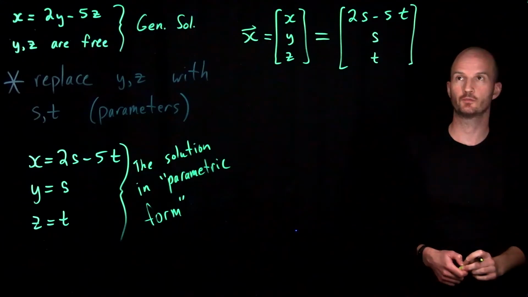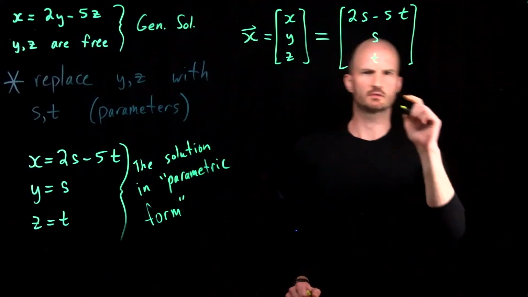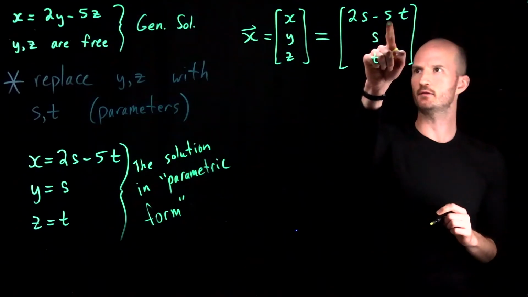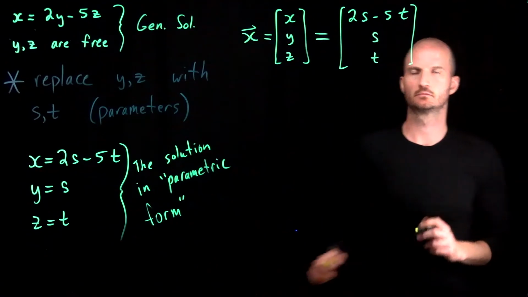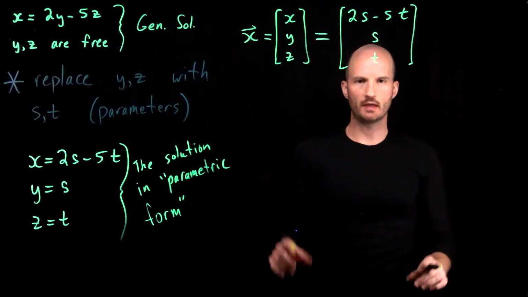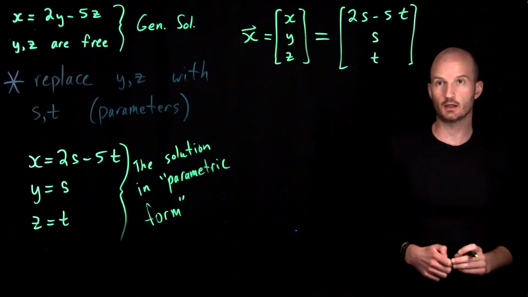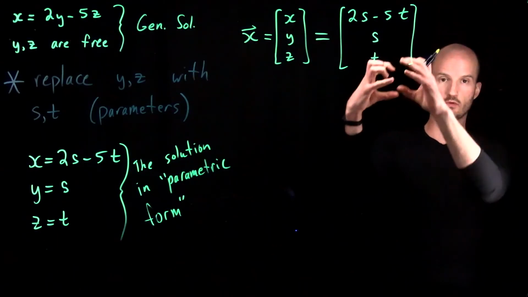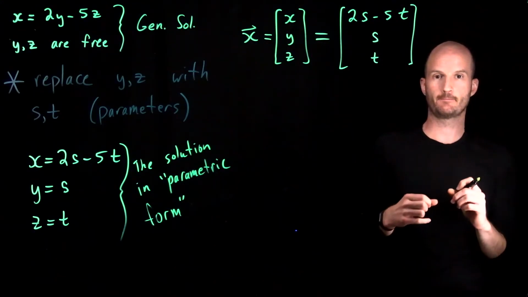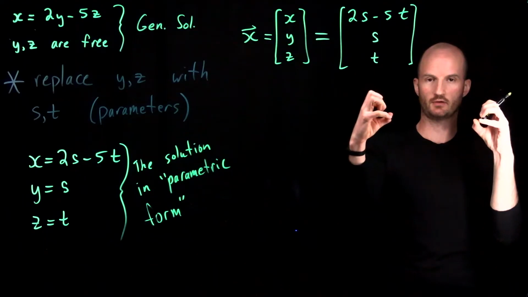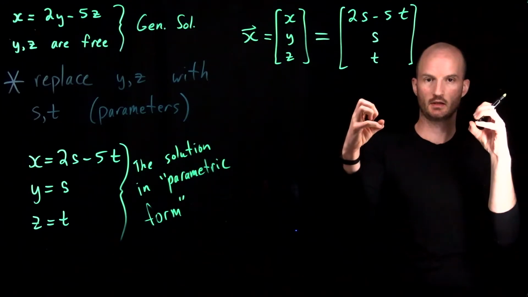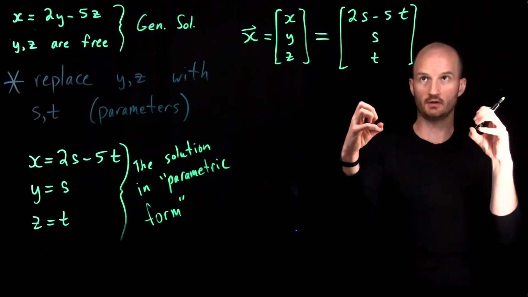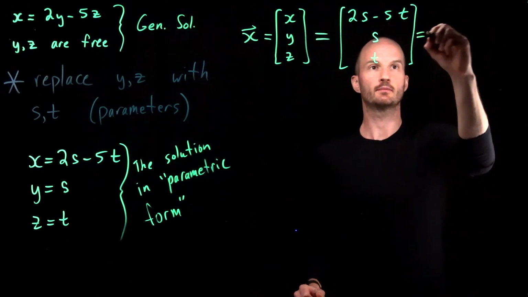Now what am I doing? Okay, so yeah, a bit awkward. This is a 5 and this is an s. Okay, what I'm going to do now is something you're going to find yourself doing a lot in the future. I'm going to take this vector and I'm going to try to pull it apart into a vector involving just s plus a vector involving just t. So what do you get?